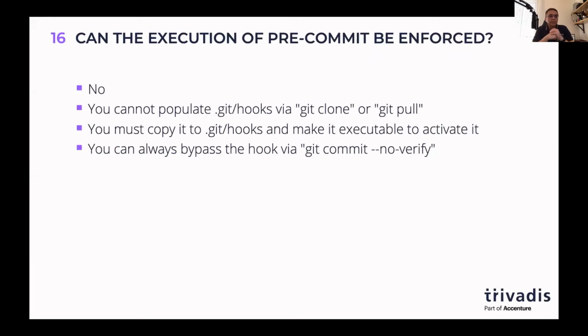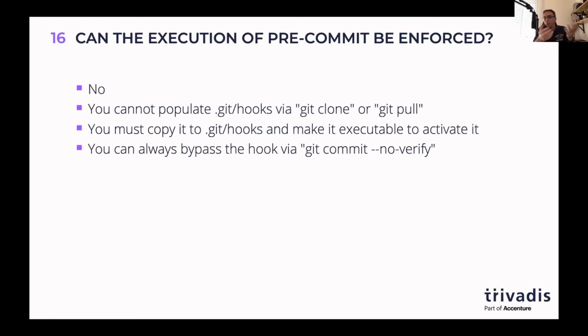So a next question is, can the execution of the pre-commit hook be enforced? And the answer is no, it cannot. So you're on your local laptop, and there is no feature of Git which automatically populates this hook. So a git clone and a git pull will not populate these hooks.